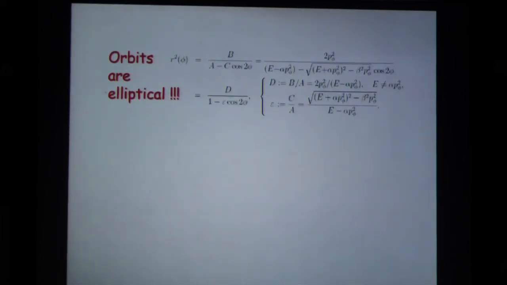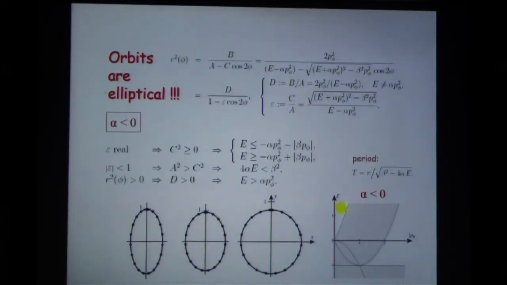Just to point out what is elliptical, you see, this is the radius in terms of the angle, and it has this form. And this is an ellipse. A, B, C, D are these things. So at the end, you have this written in this way, and this is an ellipse. And there are several possibilities, because now alpha and beta are in principle free.